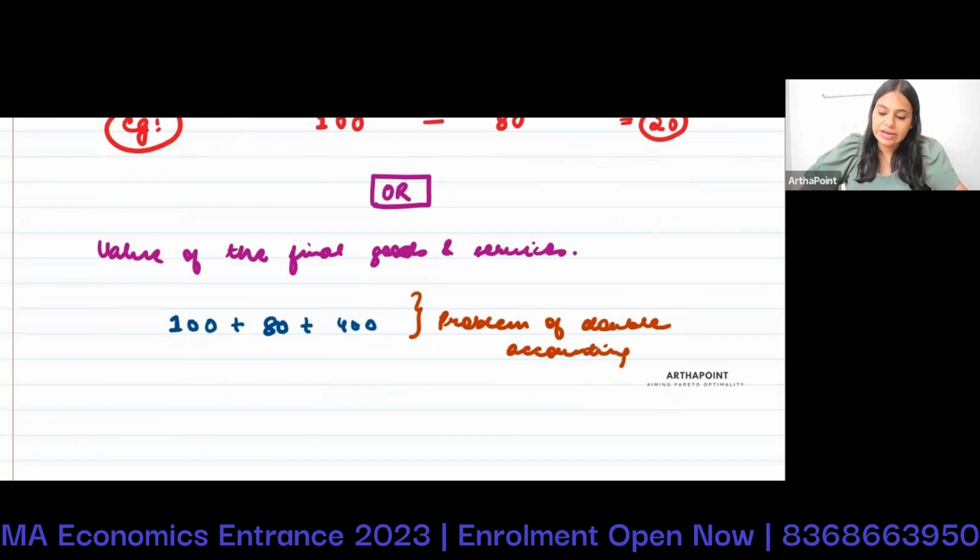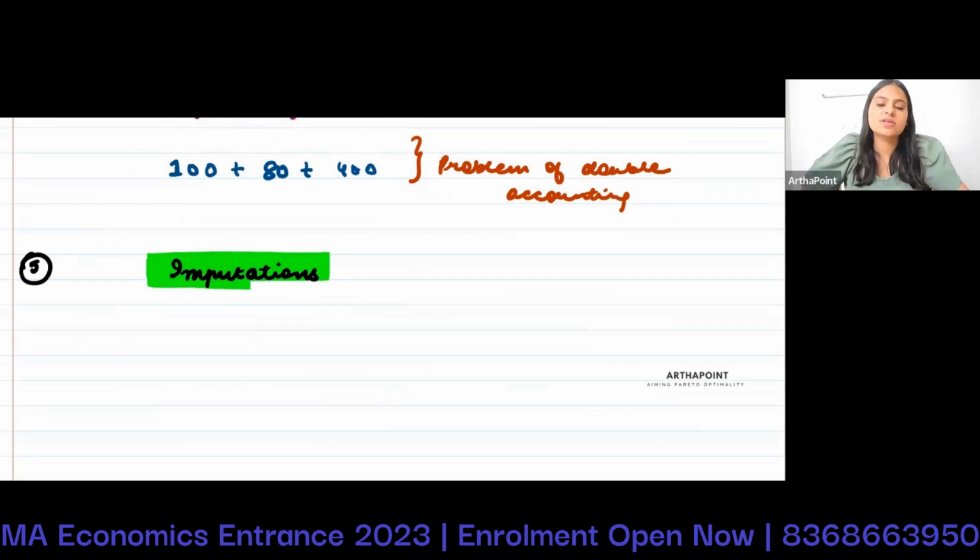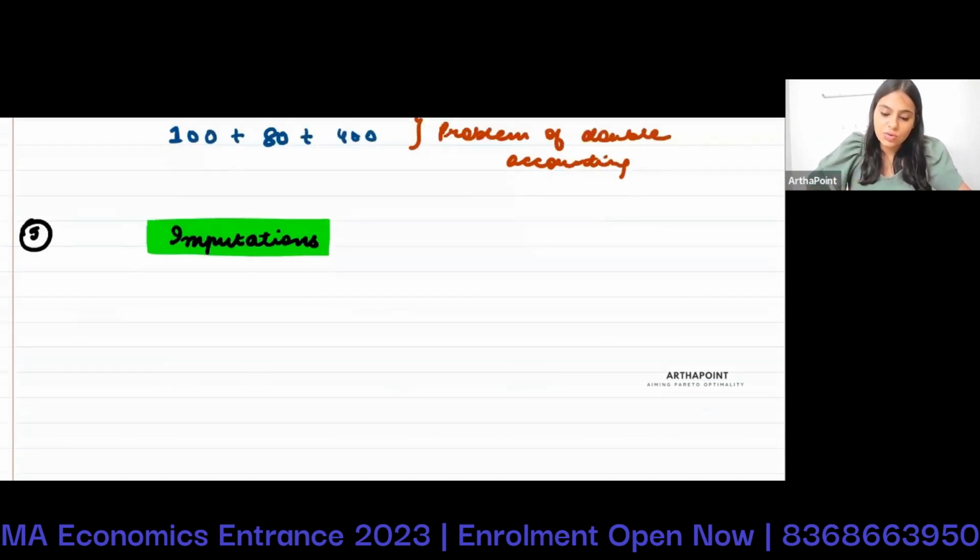Now let's go ahead and make the fifth rule. And this is the rule about imputations. So the first imputation that we want to talk about is going to be about housing.